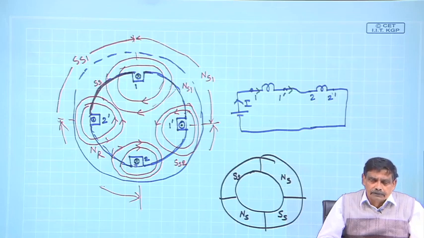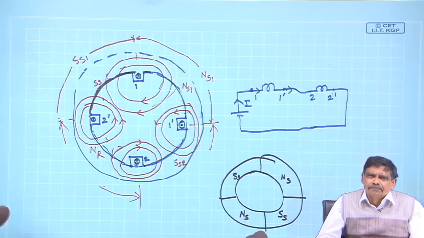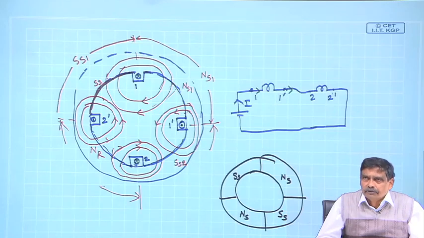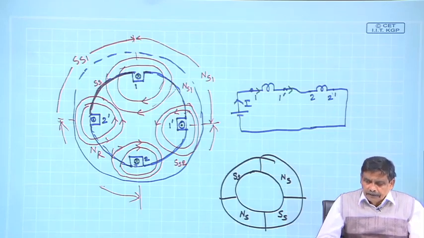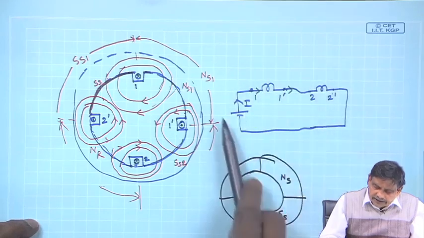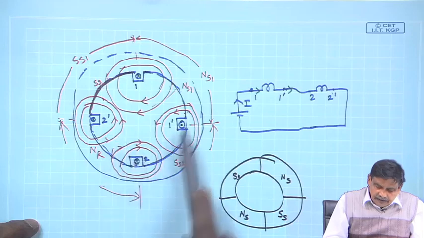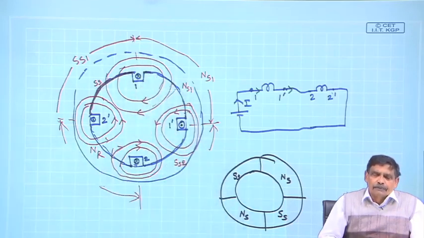Even if it is a time varying current, at any given point of time it will produce 4 poles. Therefore you excite it by a constant DC current and it will produce this.